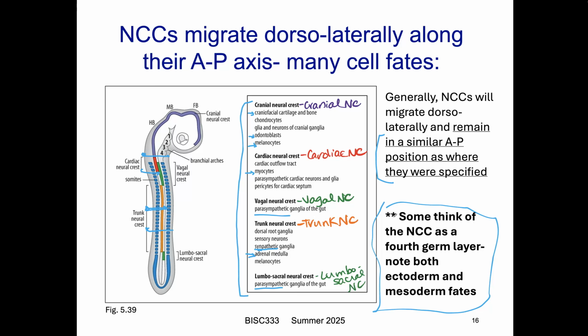They're only found in vertebrates, but they do take on cell fates that are both mesodermal in some cases and ectodermal, and they're super interesting as well because there are some genes that affect neural crest development, migration, etc., that are thought to be associated with domestication of dogs, cows, and all different organisms. So I might assign a bonus assignment in that area.